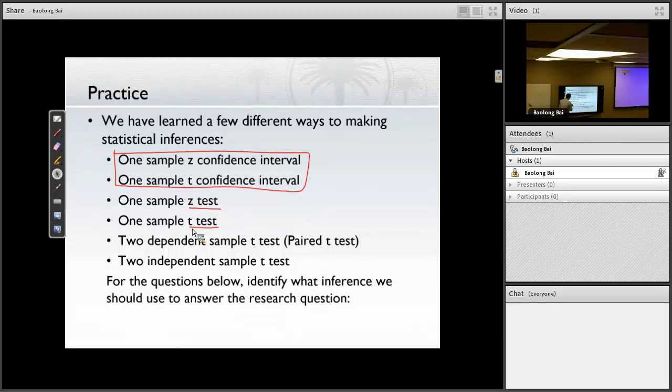We have dependent samples, in which case we need to do a paired t-test, or independent samples, in which case we need to do a pooled variance t-test, right? So here we do the pooled variance t-test in our class only. There is another procedure called Welch's t-test that we didn't require. So overall, we have 6 different procedures.